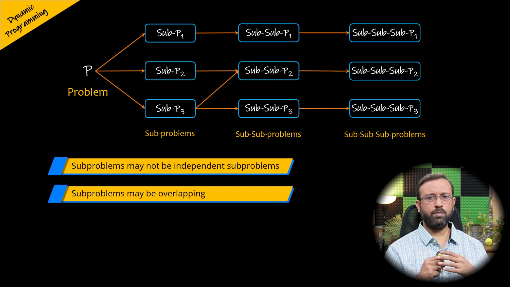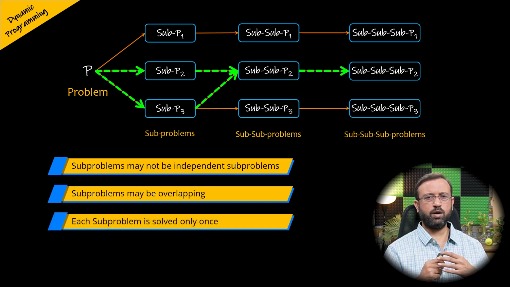Now, to solve a problem using dynamic programming, the sequence of decisions may be from problem P to subproblem P2, then to sub-subproblem P2, and then to sub-sub-subproblem P2, or the sequence of decisions may be from problem P to subproblem P3, then to sub-subproblem P2, and then to sub-sub-subproblem P2.